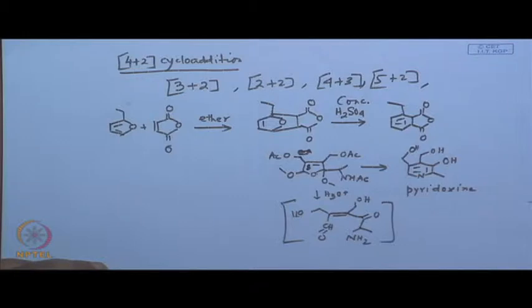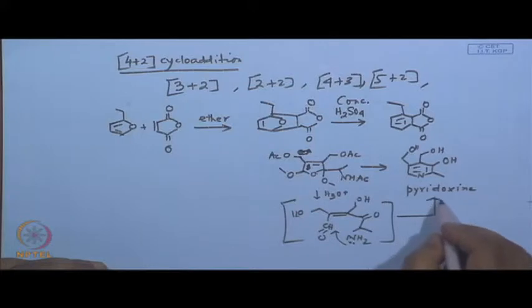So, what is the essential key step? The essential key step: the amine is reacting with an electron deficient carbon of the carbonyl groups. In fact, this reaction takes place to give this pyridoxine in one step.